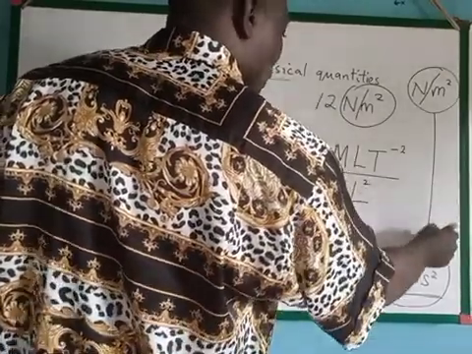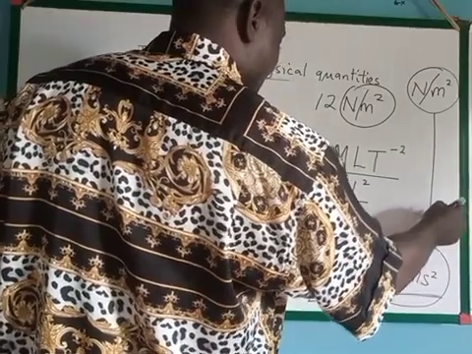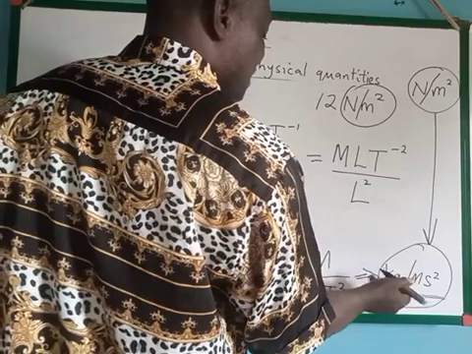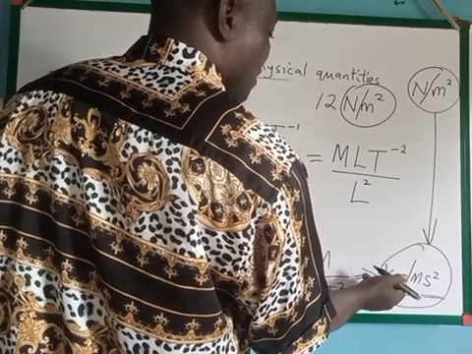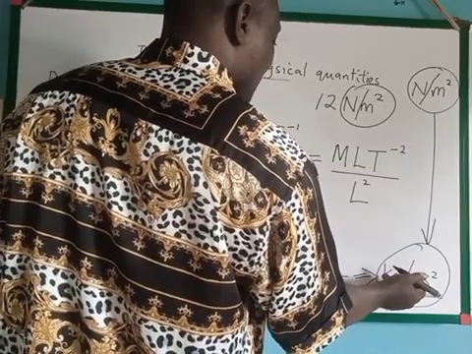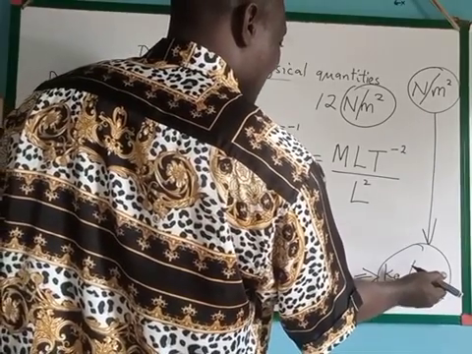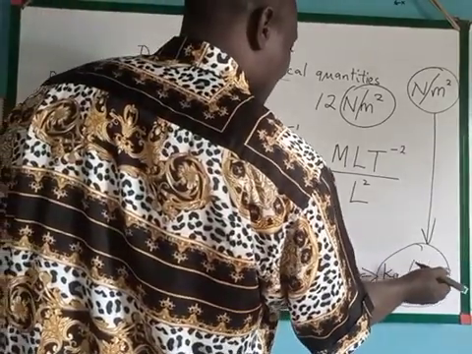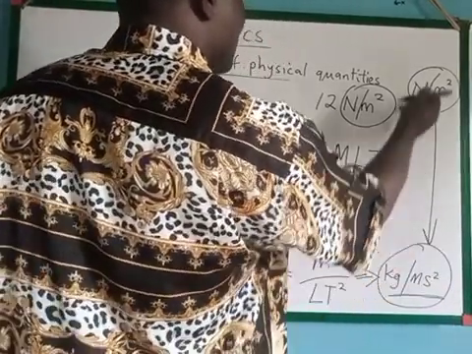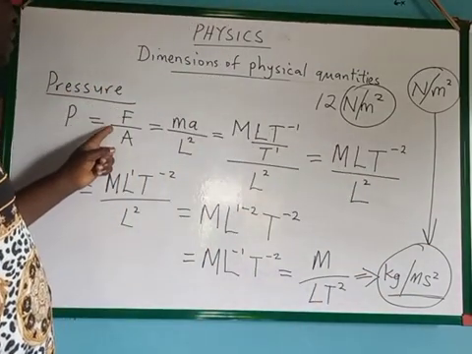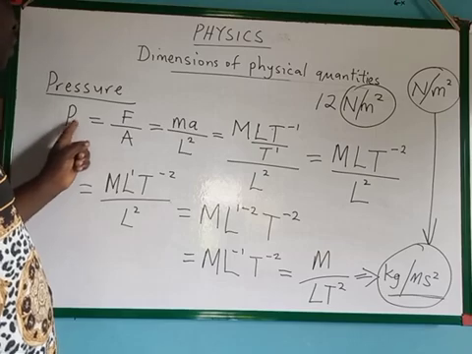And if you relate it to what we have there as the SI unit derived from the dimension, you see that mass is here, mass all over the distance, then we have the time. So we have mass, distance, time, all combined will give us this Newton per meter square. Relate it to pressure is equal to force.